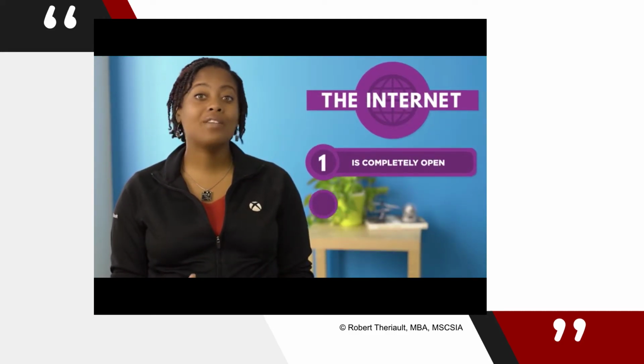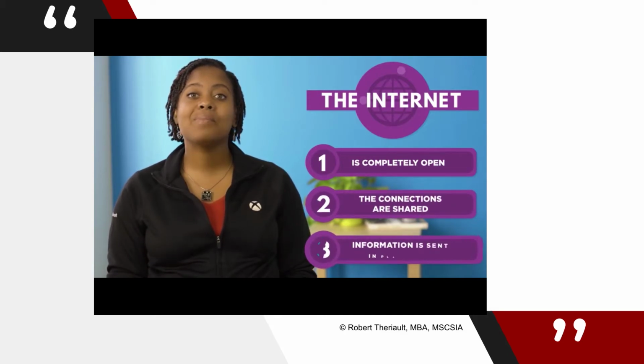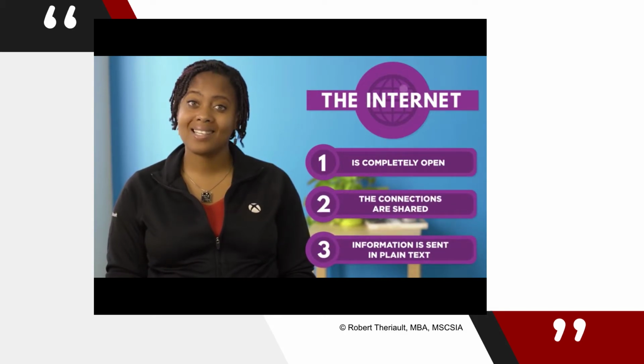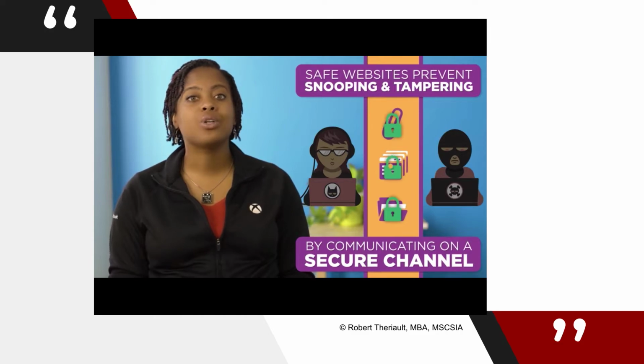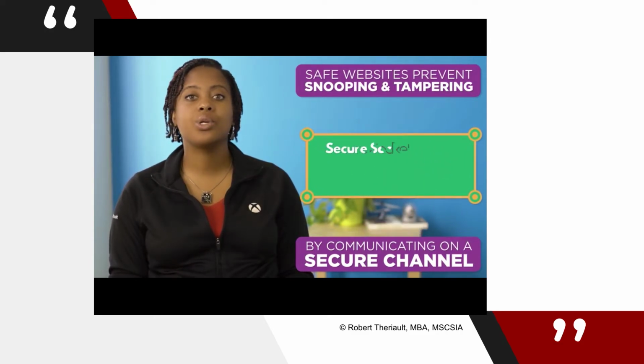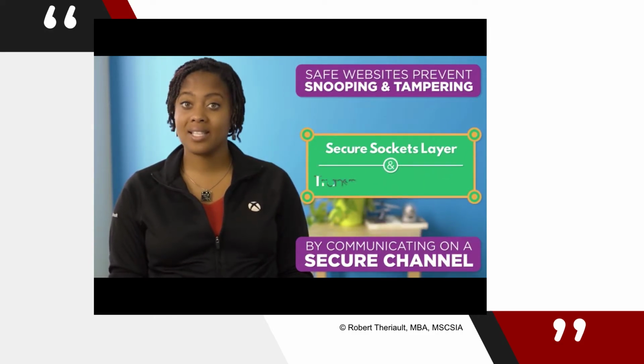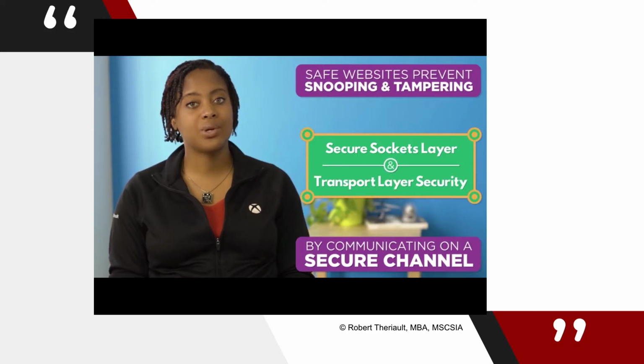Now, the internet is completely open. All of its connections are shared, and information is in plain text. This makes it possible for hackers to snoop on any personal information that you send over the internet. But safe websites prevent this by asking your web browser to communicate on a secure channel using something called Secure Sockets Layer and its successor, Transport Layer Security.